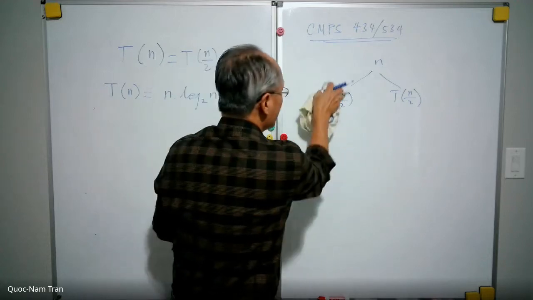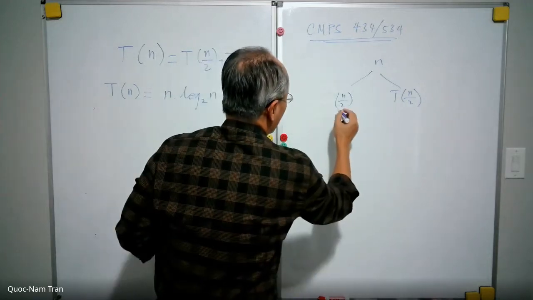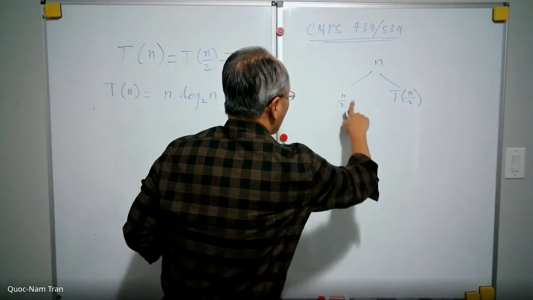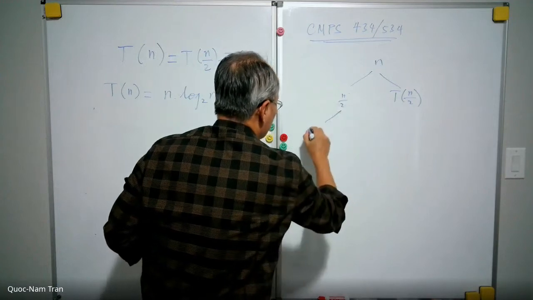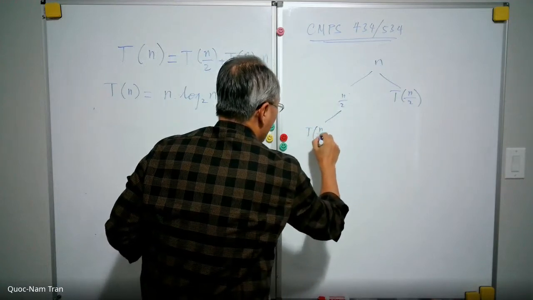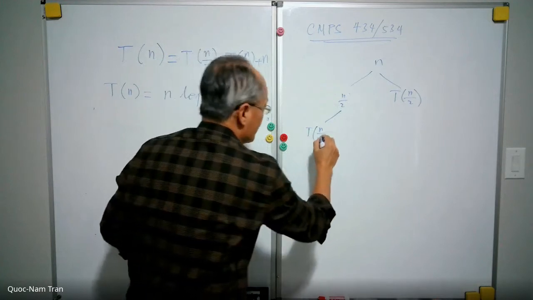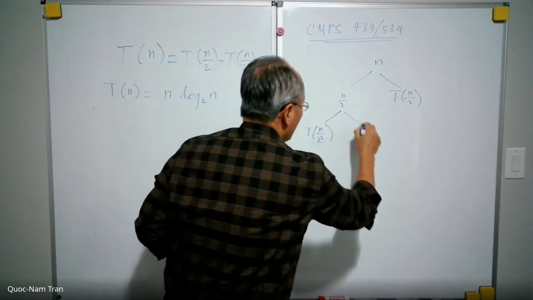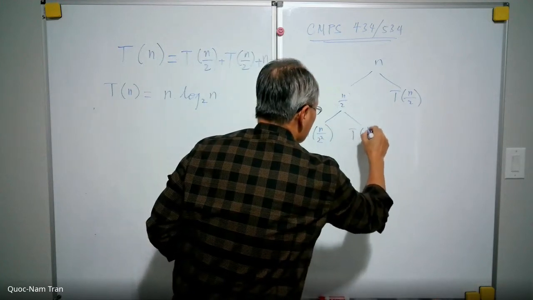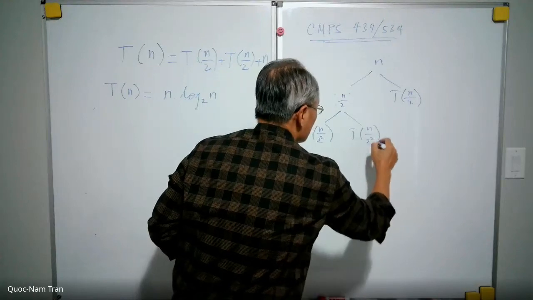So I will have n/2, and then Tn/2 divided by 2, that is 2 squared, and then Tn/2 divided by 2, right?